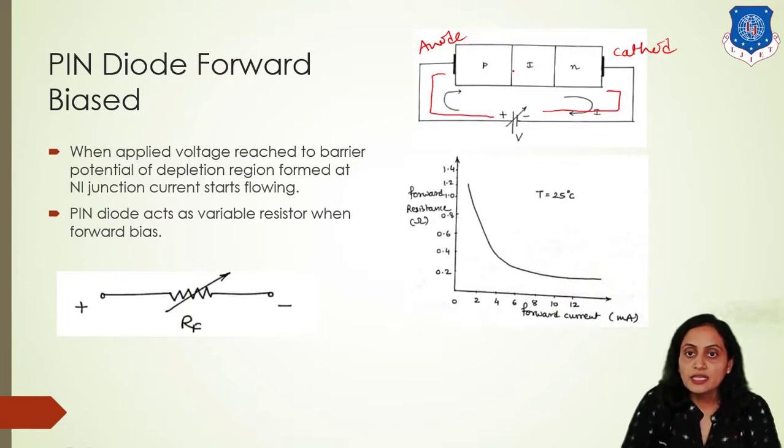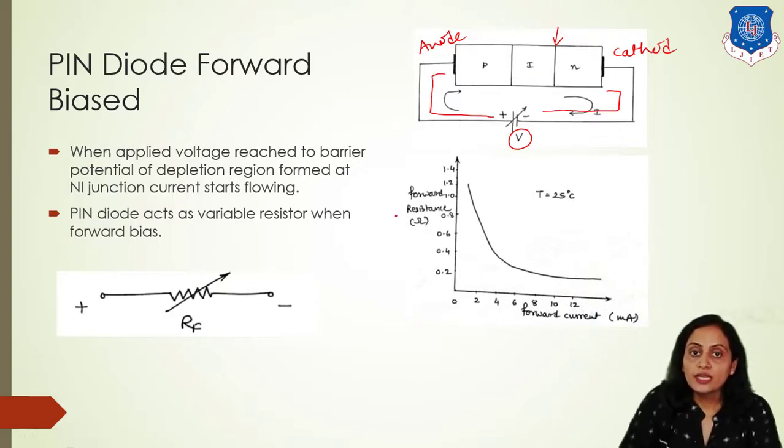Then what happens, as we keep on increasing this applied battery voltage, the depletion region generated at this NI junction is going to reduce, and at some point of time this depletion region will vanish and the current will start flowing through the PIN diode.